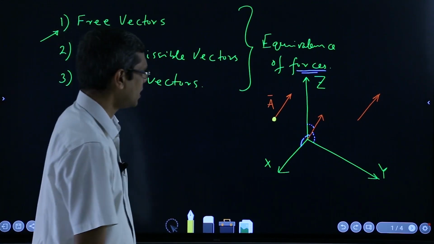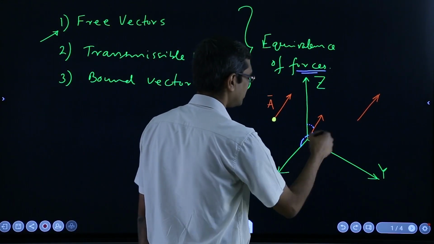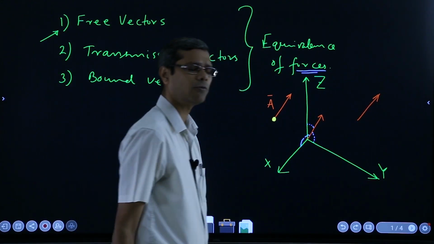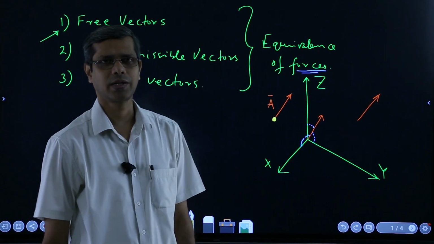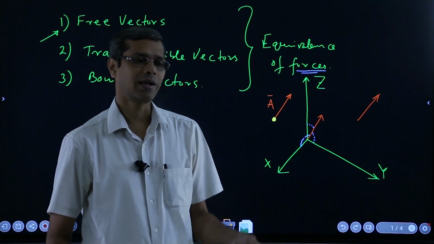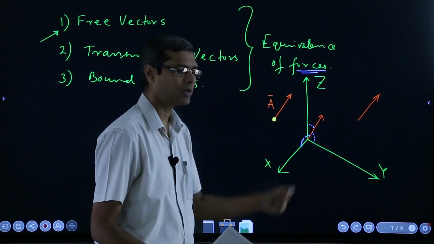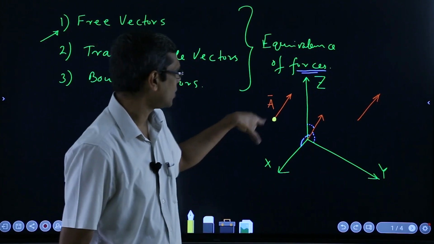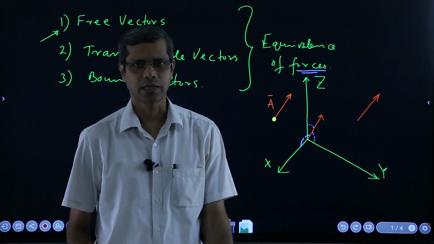It does not, because the displacement will always be the same irrespective of the line of action of that vector. Under that condition, that means under the effect that I am concerned with, the displacement of the particle, the velocity vector is a free vector.